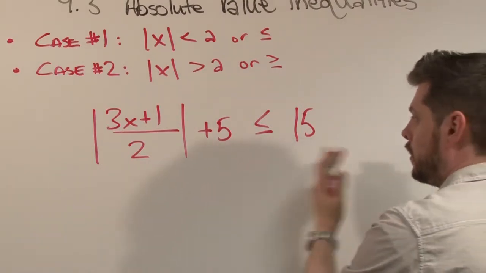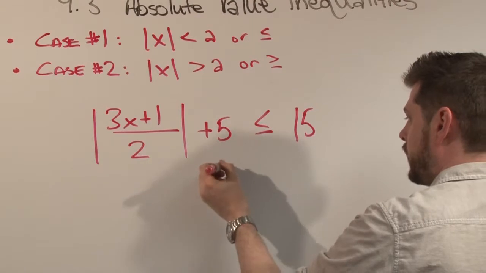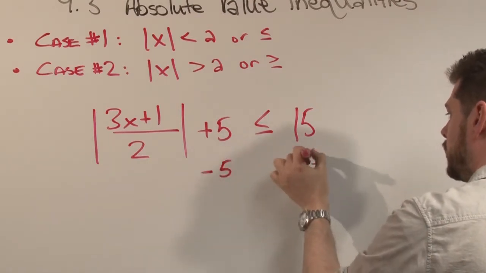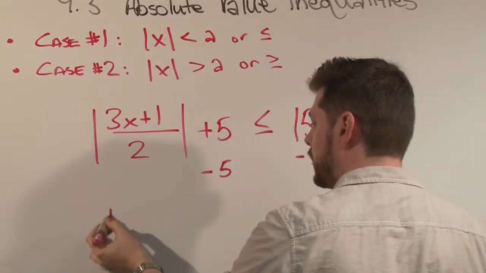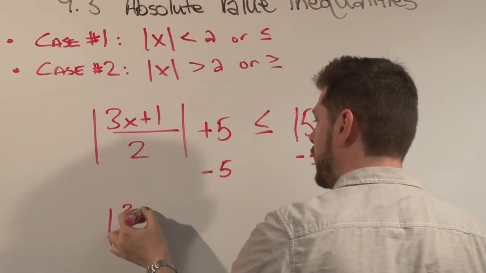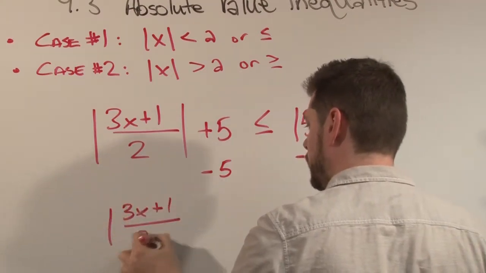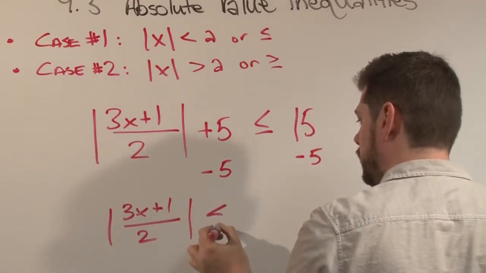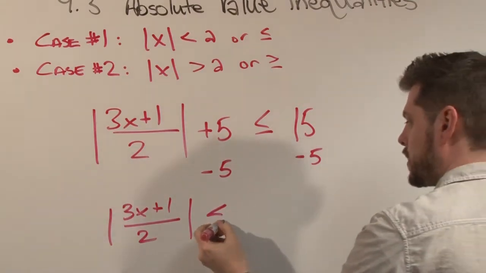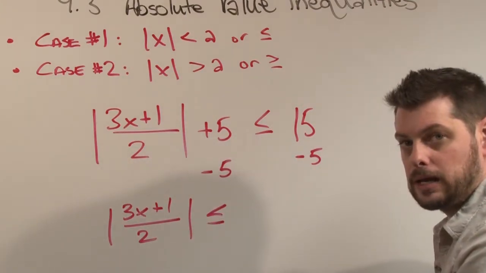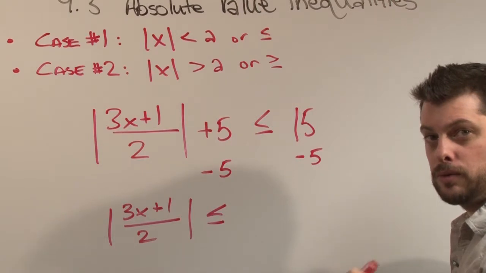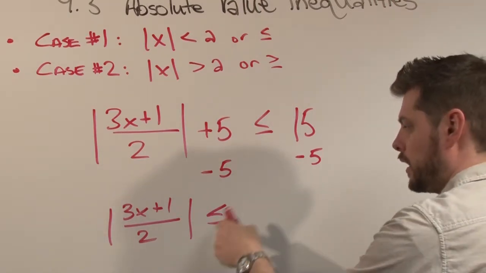So here, I would subtract 5 from both sides. And now I've isolated my absolute value. It's all by itself. In this case, I don't have to flip the sign because I'm not multiplying or dividing by a negative. Remember, those are the only two exceptions when working with inequalities.